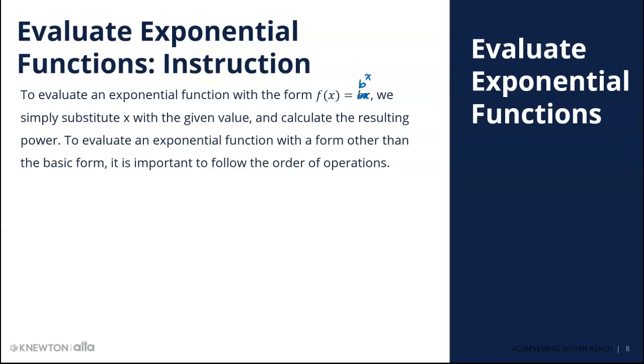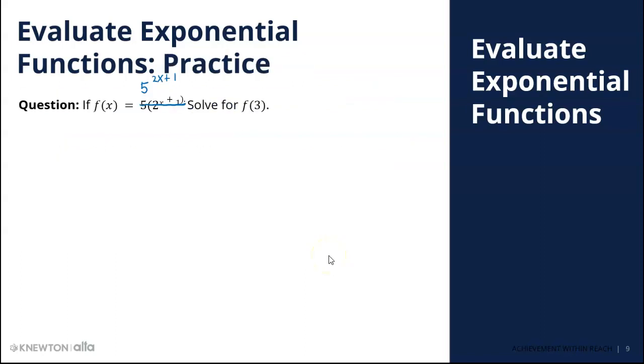And to evaluate an exponential function with a form other than the basic form, it is important to follow the order of operations. Now, suppose, for instance, we want to evaluate our function f of x equal to 5 to the 2x plus 1 at x equals 3, or we want to solve for f of 3.